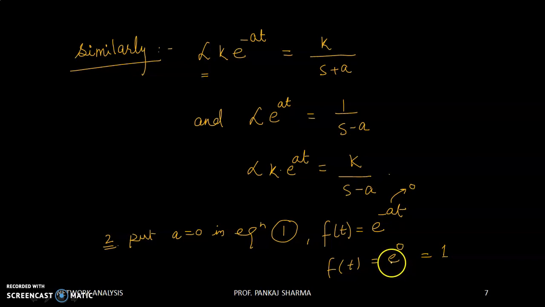The Laplace of f of t is 1 by s. That is, Laplace of f of t is equal to F of s is equal to 1 by s here.